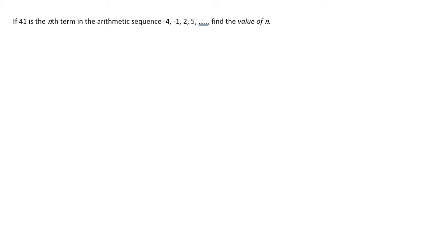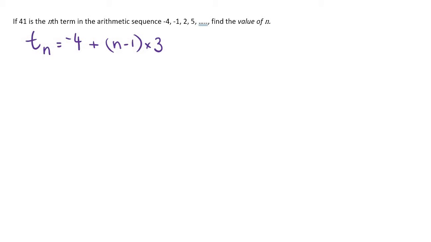In this case, we've been given an nth term that's 41. It's in the same sequence, but now we want to find out which number term it is in the sequence. So we still know that our nth term can be found by a, which we knew is -4, our first term, plus n minus 1 times 3.